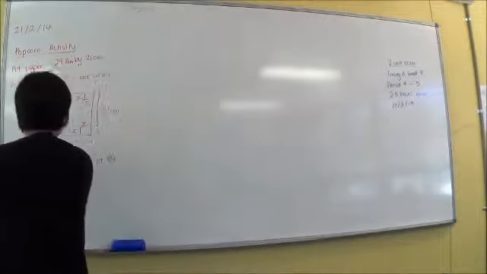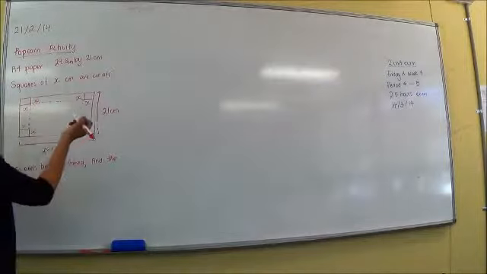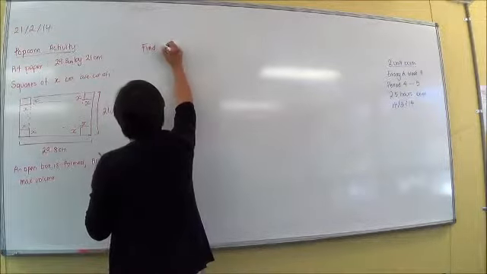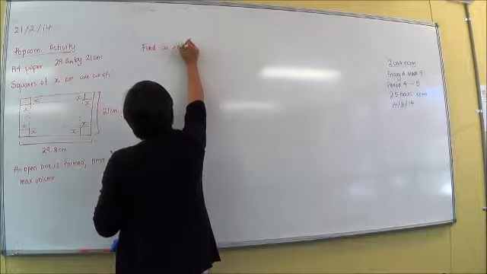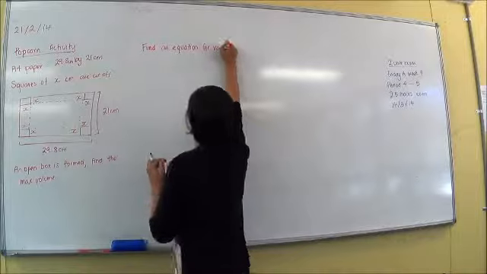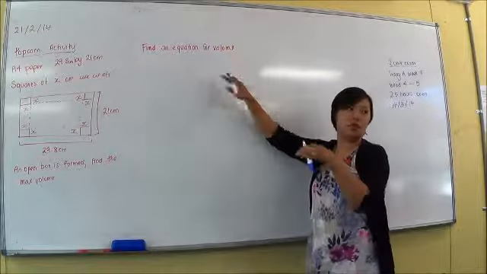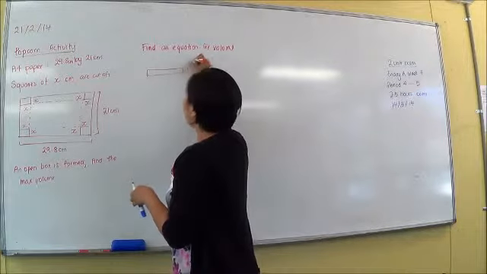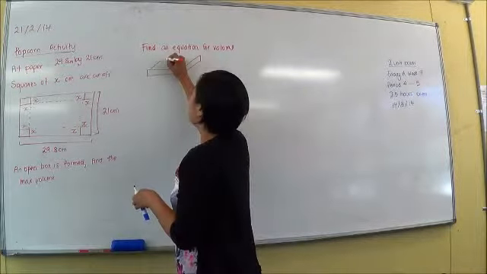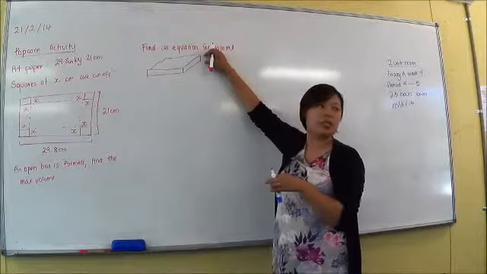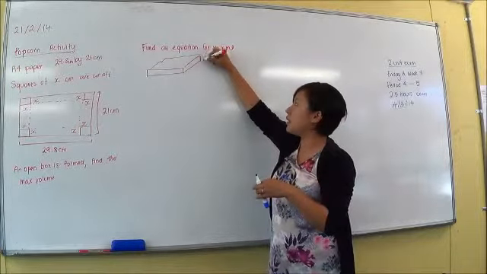So before we begin, we need to get an equation for volume. Looking at this box, when you fold it up, it should look like a tray or an open box. What would this part be? This part here, x.